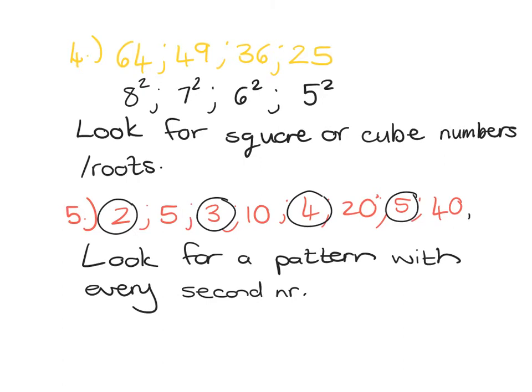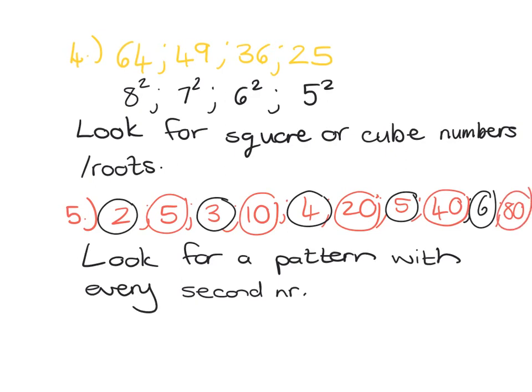So what will my next number be? 6. There. My next number in the pattern is a 6. Then, if you also look at the other set of numbers, I've got 5, 10, 20, 40. What's happening? 80 will be my next number. So there I'm doubling. So sometimes they try and trick you with a pattern that's actually a combination of two patterns. And then if every second number is doing the same thing, you can figure it out quite easily.